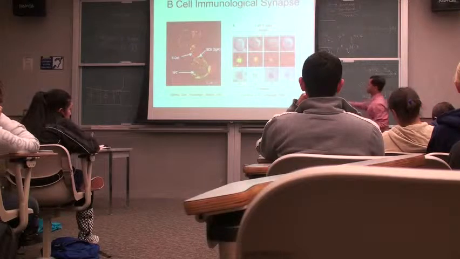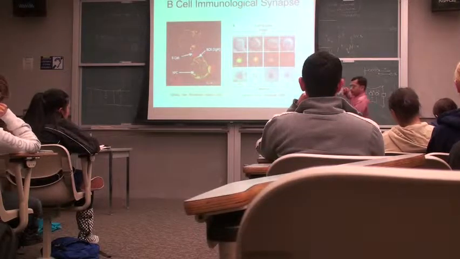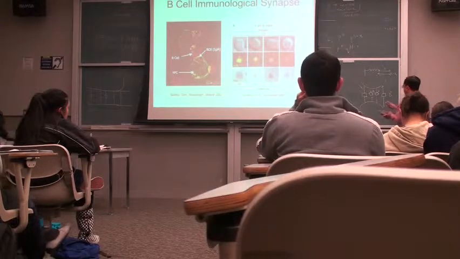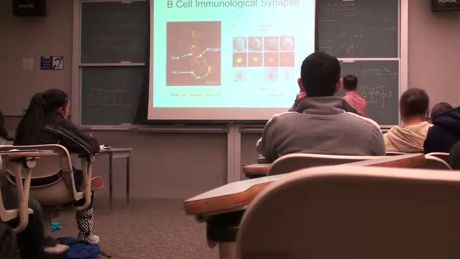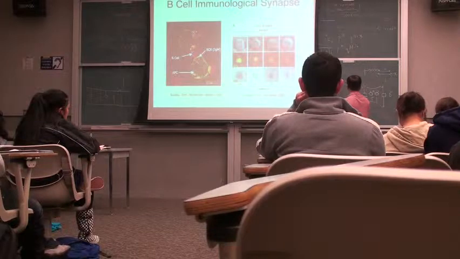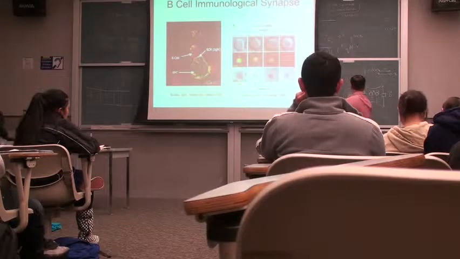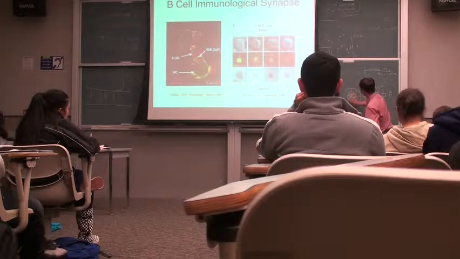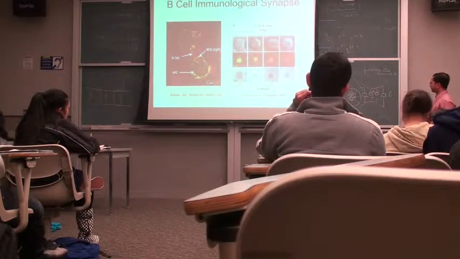What you see here is the top-down view. So in the top-down view, there is one set of molecules here, and then the other set is in this region, in the ring.